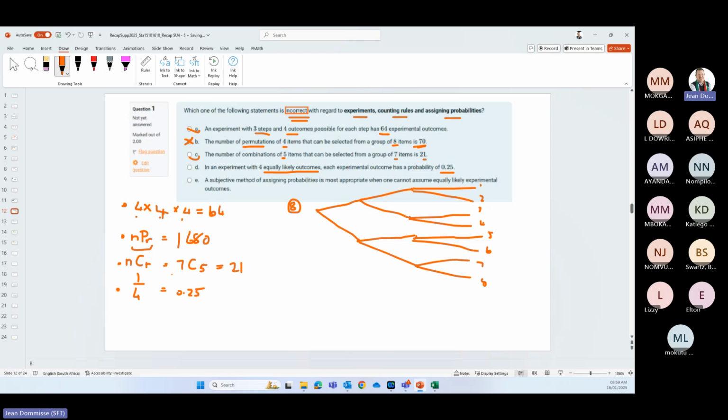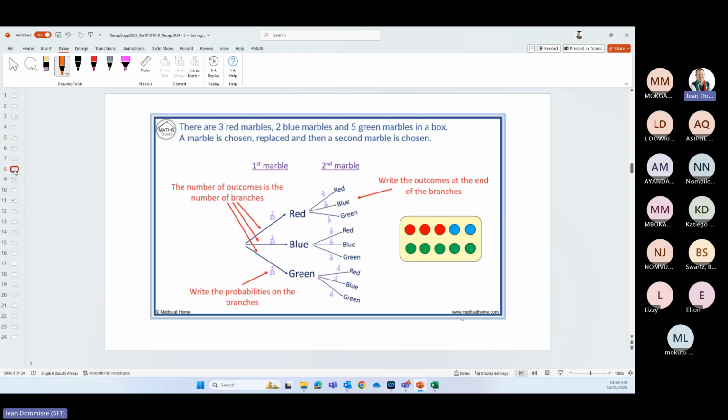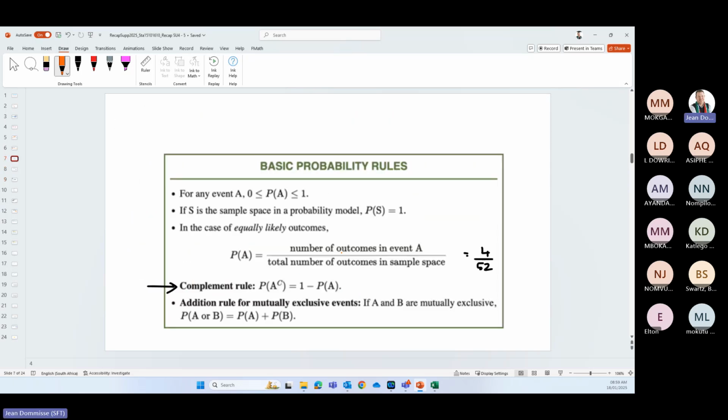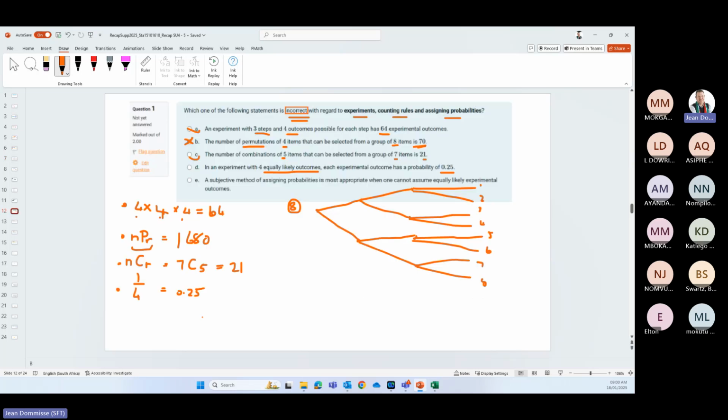So again, if you look at the formula, the total number of outcomes, you have 1 over 4, so that will give you a probability of 0.25, which is correct. And then the last one, a subjective method of assigning probabilities is most appropriate when one cannot assume equally likely experimental outcomes, and that is also correct.